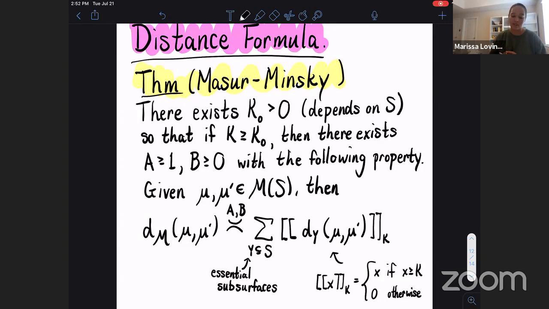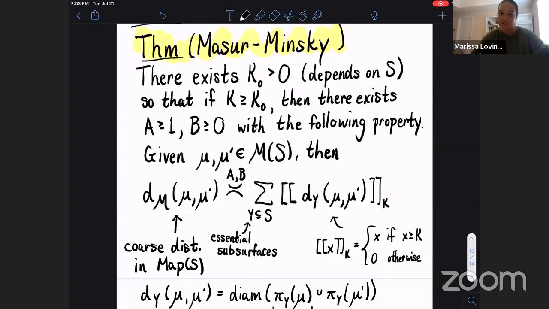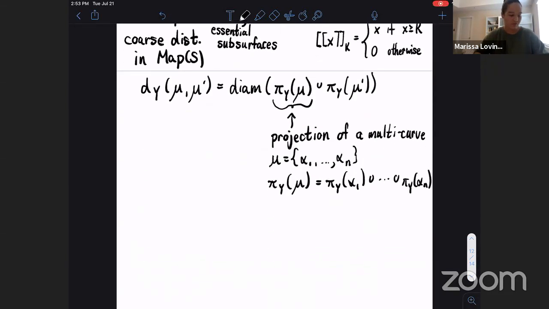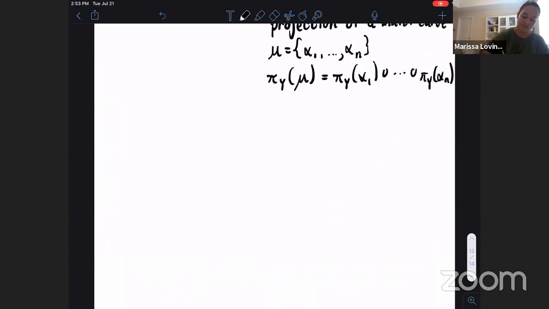And this is important because this distance here, I wrote this down for the marking graph, but this is telling us about coarse distance in the mapping class group, because these are quasi-isometric. So even though the curve complex is not a coarse model for the mapping class group, it allows us to get really fine geometric information about it. So that's super cool. So let me just write down that punchline, because this is important.